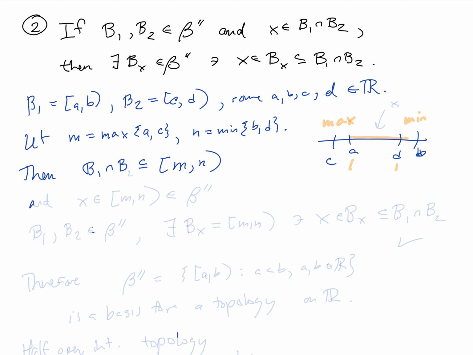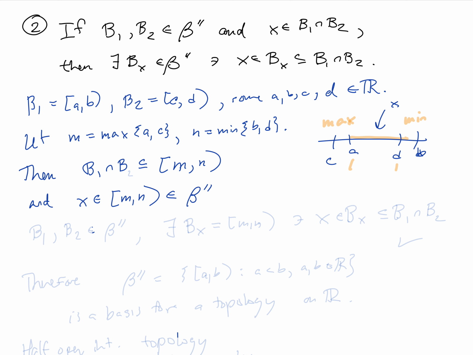And because X was in the intersection of them somewhere, that means that X is an element of [M, N), and this is of the form half open interval with real numbers with the first less than the second. And so this is in our collection beta double prime.